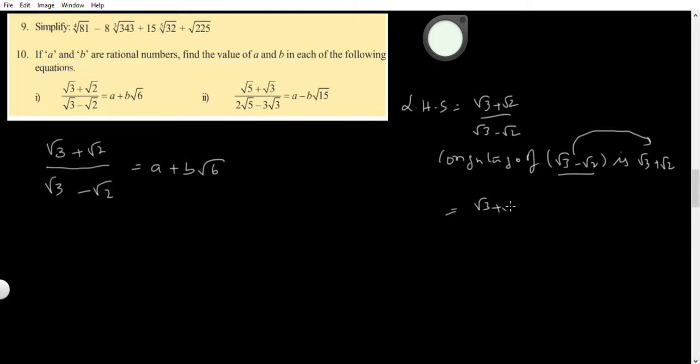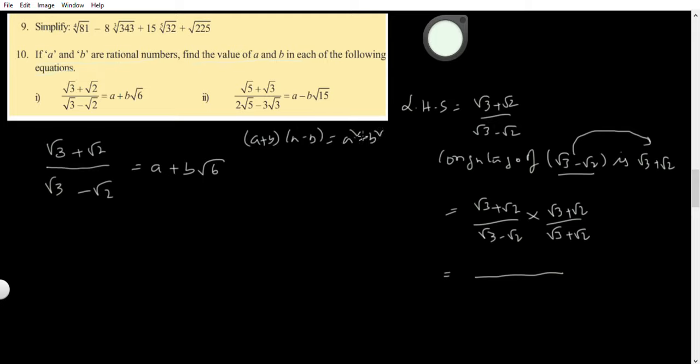So (root 3 plus root 2) by (root 3 minus root 2) is multiplied and divided by (root 3 plus root 2) by (root 3 plus root 2). This is the conjugate of root 3 minus root 2. Observing the denominator in the form (a plus b)(a minus b), that is equal to a square minus b square.